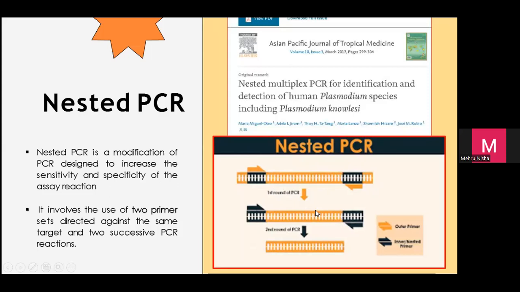Lepas tu, you akan guna template ni sebagai DNA. Okay, first yang ni you dapat dari kit, you extract DNA. Lepas tu you buat PCR, you dapat result ni. Result ni akan digunakan sebagai PCR yang kedua. Guna primer yang kedua.